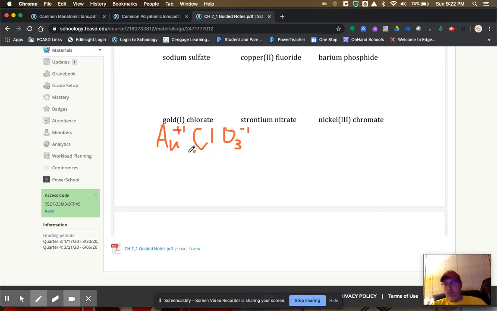And even if you did, you'd have 1 here and 1 here. But if they're already equal and opposite, you don't have to crisscross. So my final formula, AuClO3. No parentheses needed. You only have 1 of each. You wouldn't have a parenthesis on Au anyways because it's monatomic. So AuClO3.